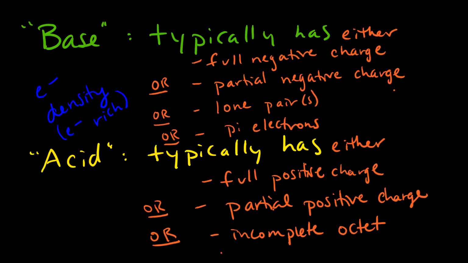And overall, what we're looking for is electron deficiency. You want your acid to be electron deficient so that it can accept electrons from the base.